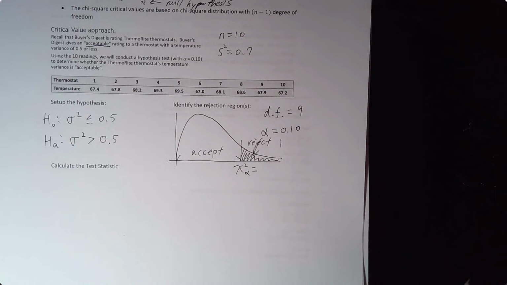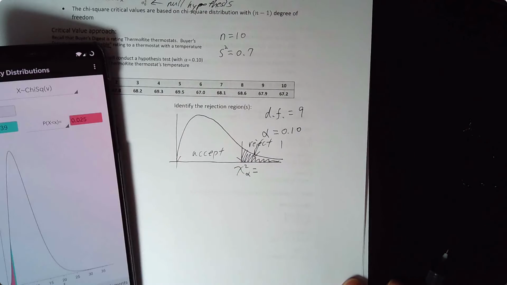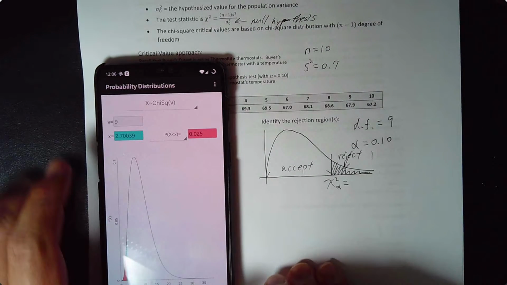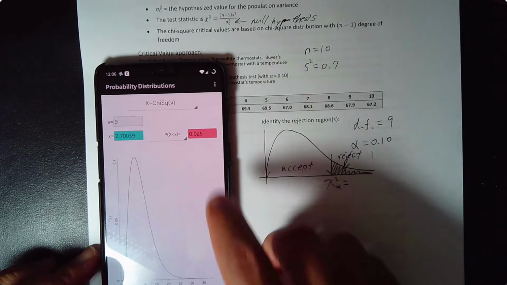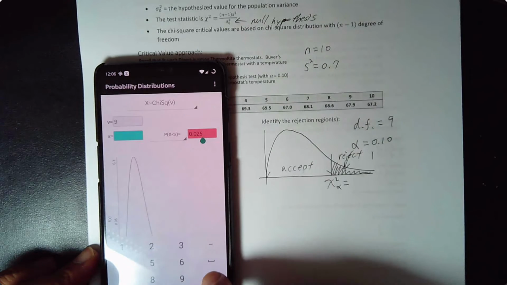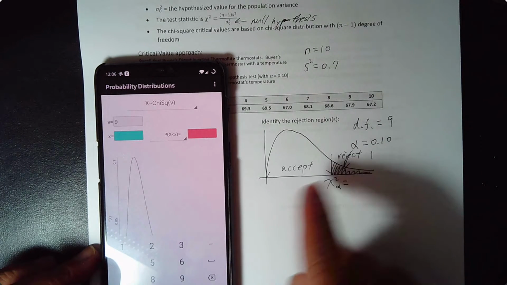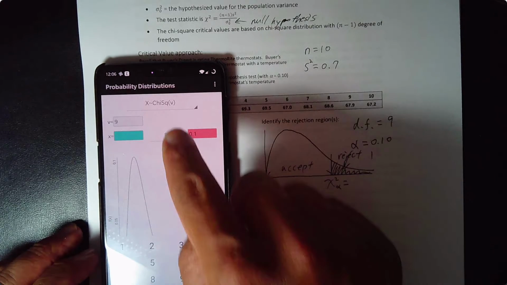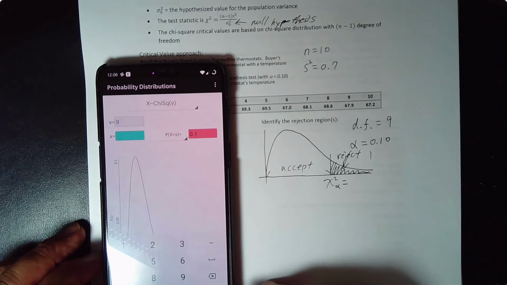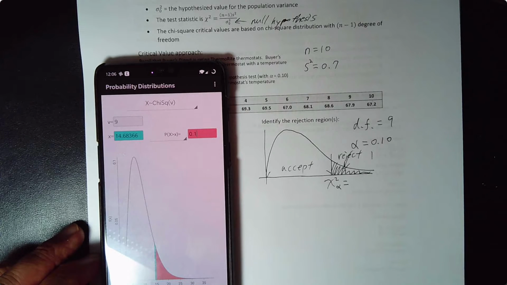Again, I want to find the chi-square critical value. With 9 degrees of freedom and a tail of 0.10, this is the right tail test, and here we go: 14.68.